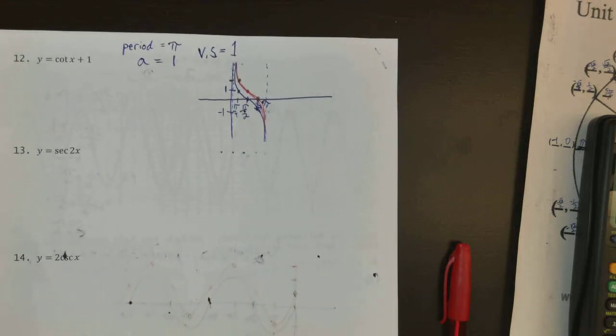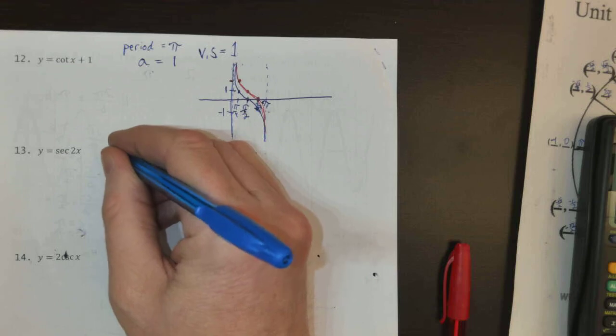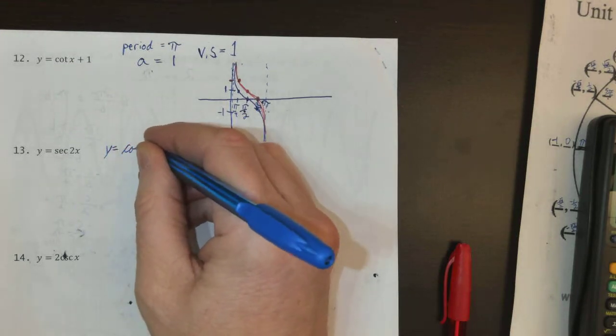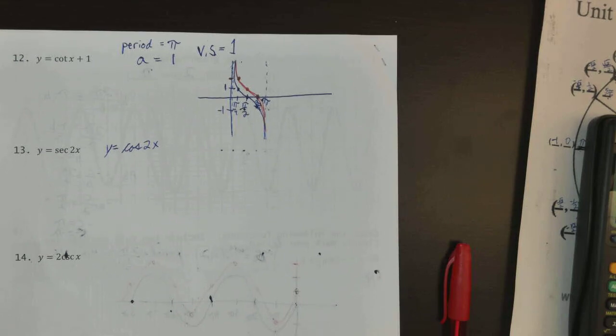Number 13, y equals secant of 2x. I'm going to first graph y equals cosine of 2x.